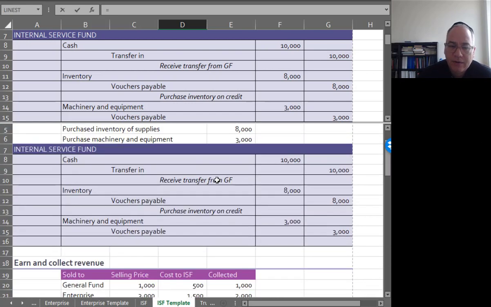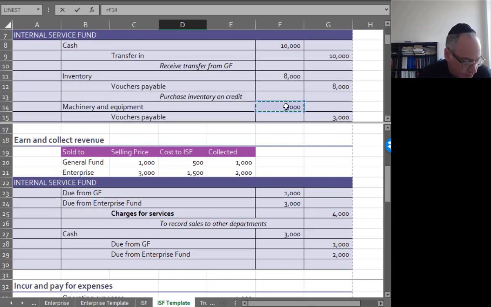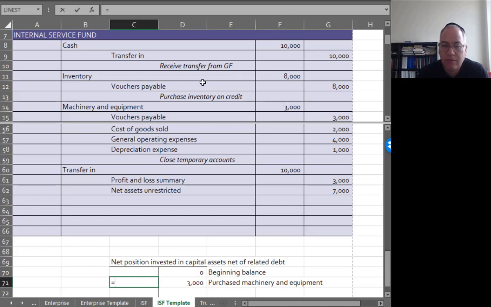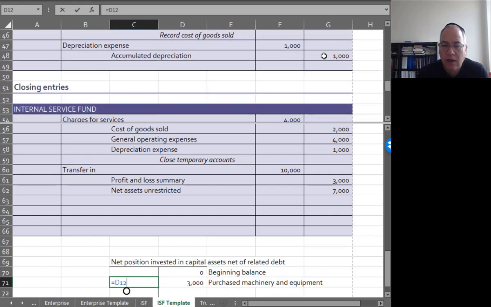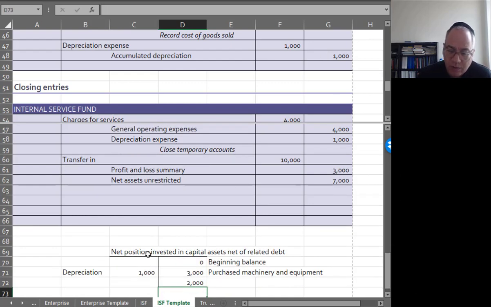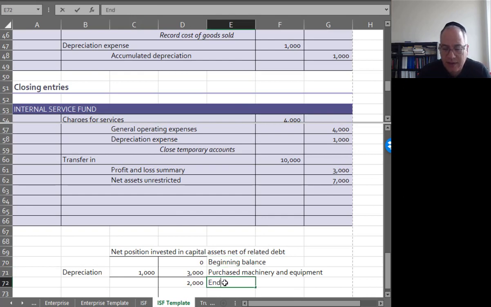And if you remember, we purchased machinery and equipment of $3,000. So I've got $3,000 in here, and then I had depreciation over here of 1,000. So the net balance would be 0 plus 3,000 minus 1,000, which would be $2,000. That should be the ending balance.